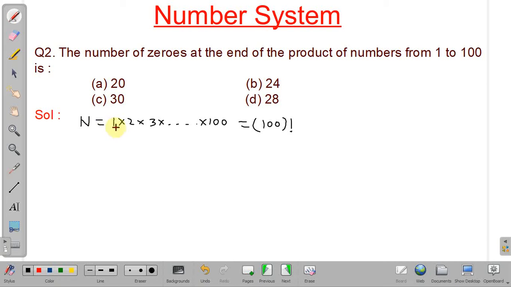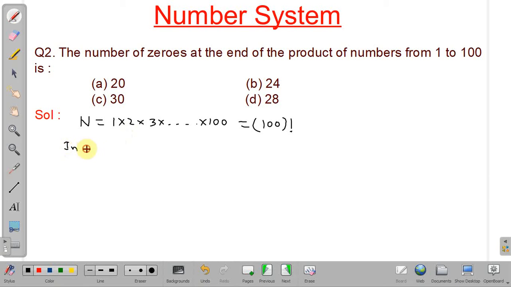But if you see this, 1 into 2 into 3 into, so 2 will appear so many times, because every even number is divisible by 2. So 2 is a factor of all the even numbers. So 2s are more than 5s. So 5 is the limiting or deciding factor. So if we can calculate the power of 5, that will give the total number of zeros.